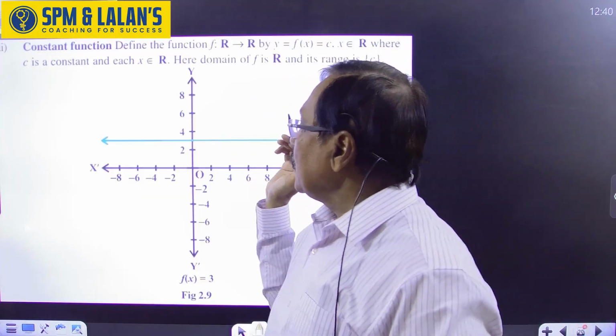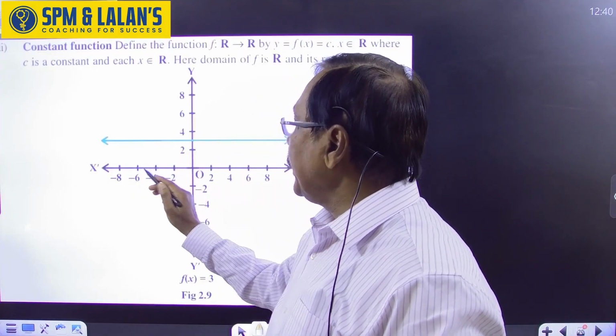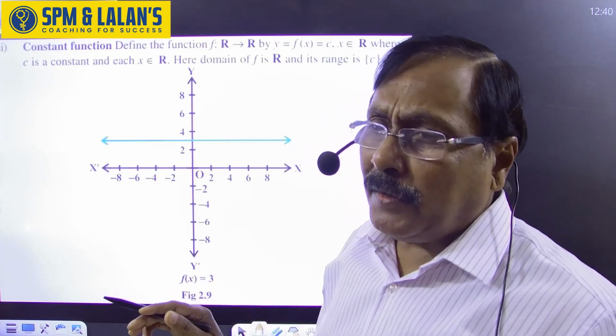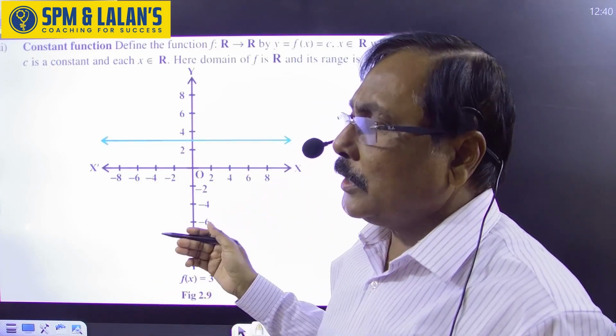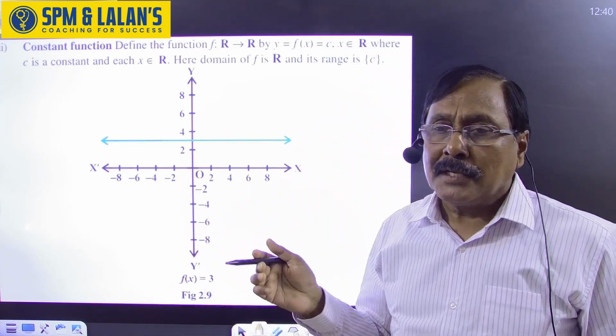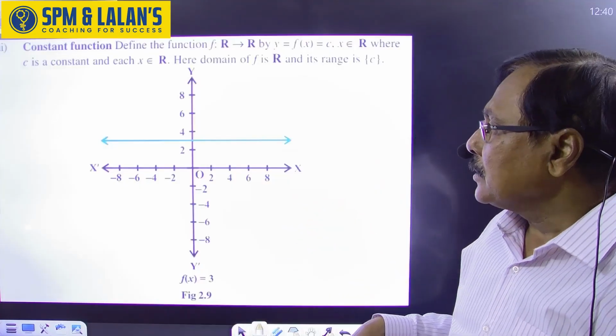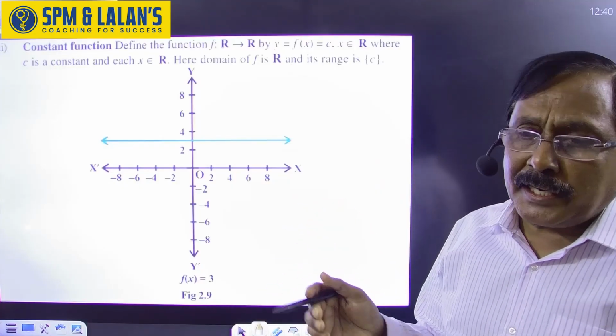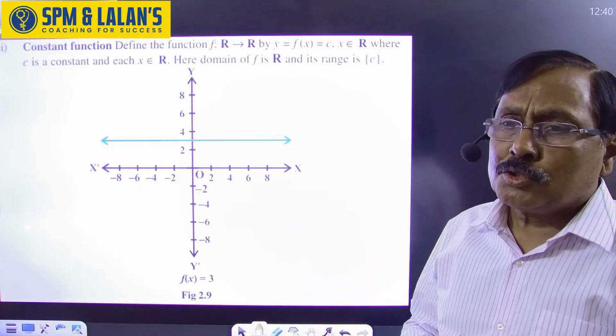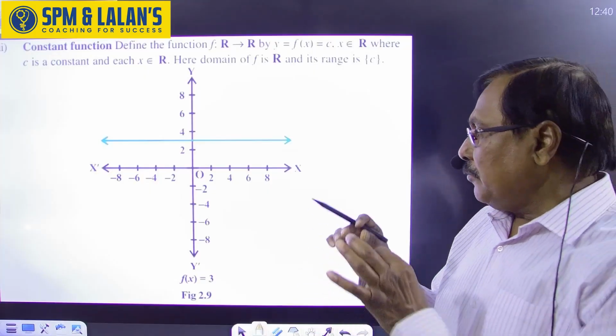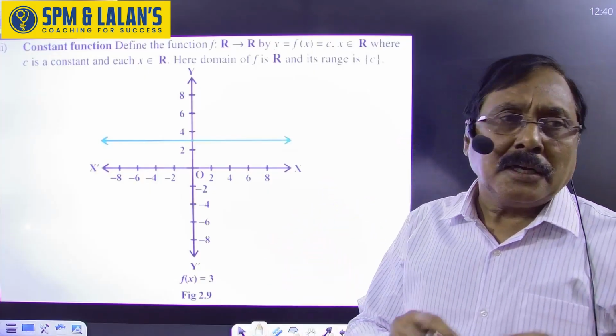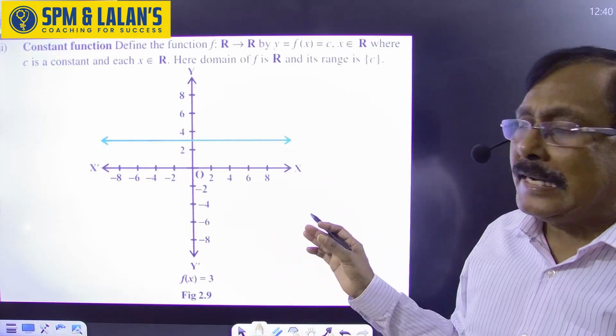Whether you give the value of x negative, positive, any real value, because it is a real valued function, you can put different real numbers, and that is why it is called a real function. The real functions are those where the domain can be all the real numbers.